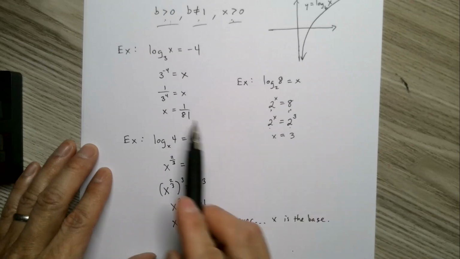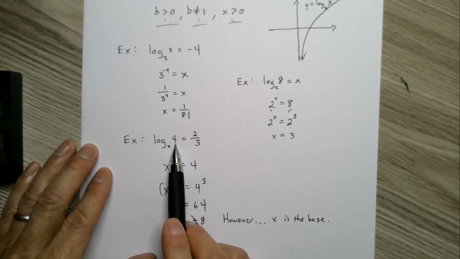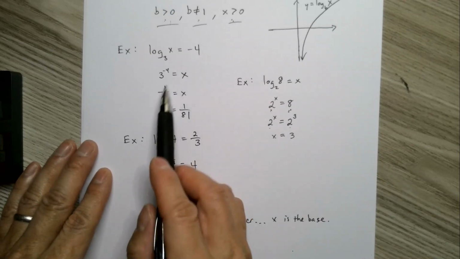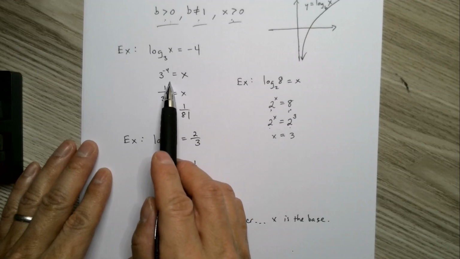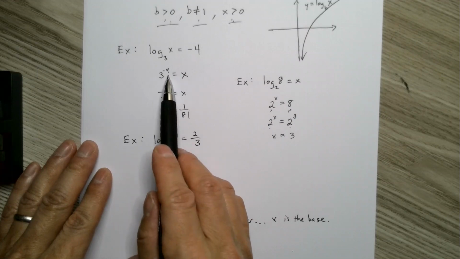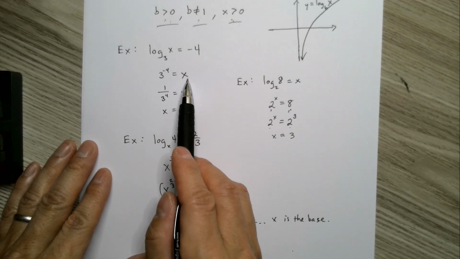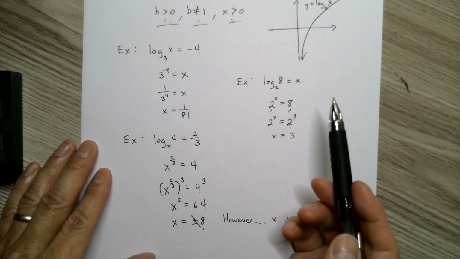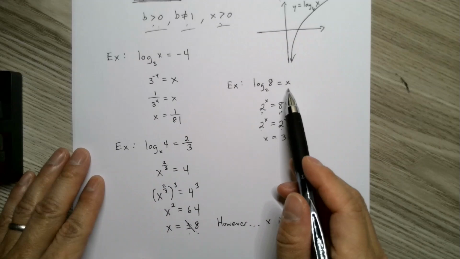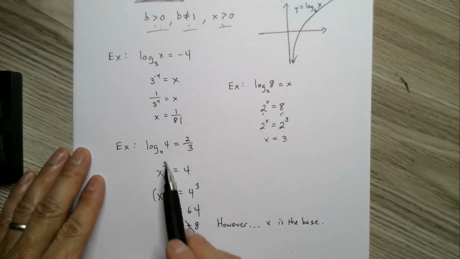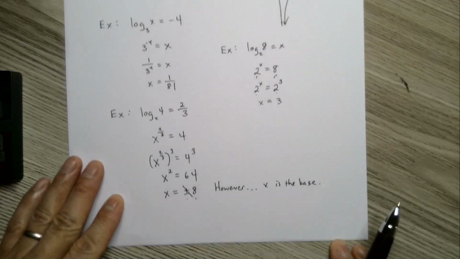And when you're given a logarithmic equation, the best thing to do is put it in exponential form. So base raised to the power equals the result, and then solve for x, whether it be the result, the exponent, or the base. And keep in mind, if it is the base, it must be positive.